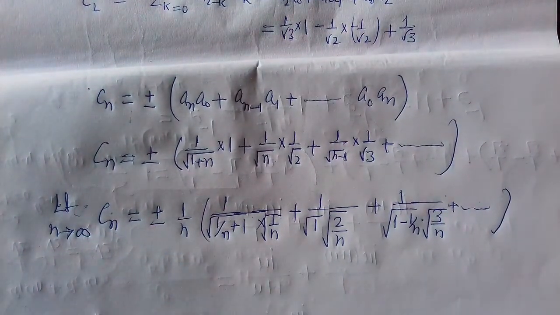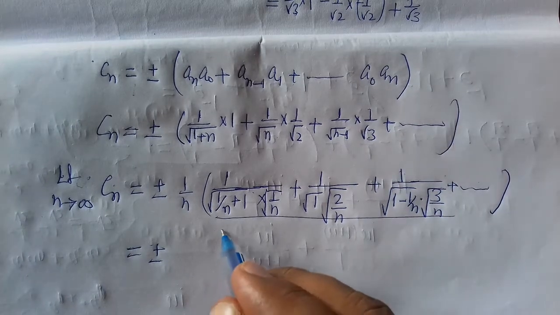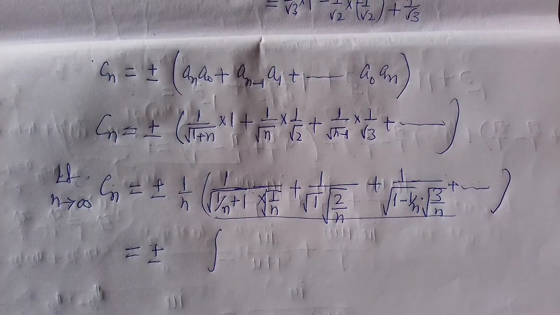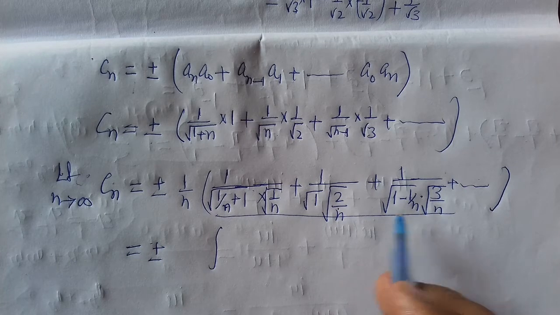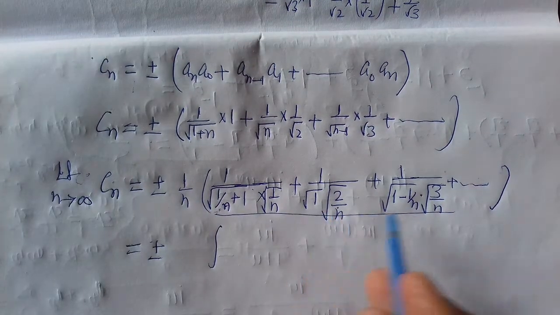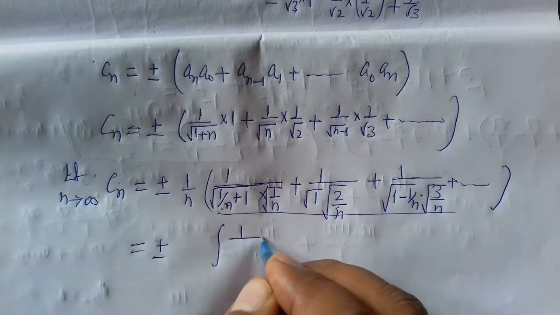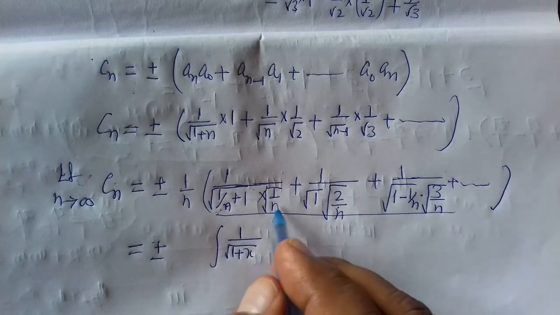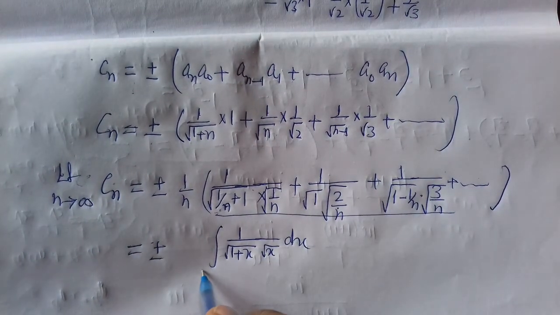Here the sum goes to infinity, and for this thing, where we have 1 by n, 2 by n, 3 by n, we write the integral of 1 over root of x, times 1 over root of 1 minus x, dx, with integration from 0 to 1.